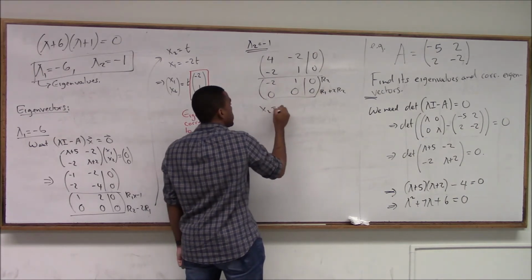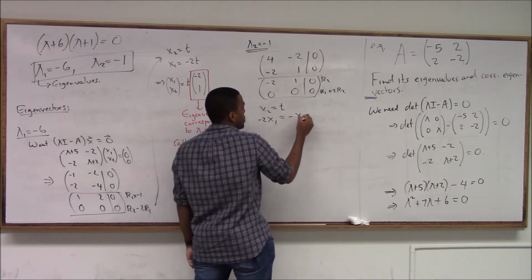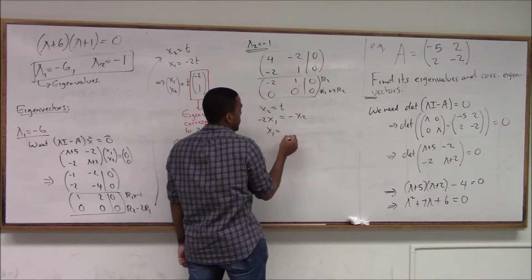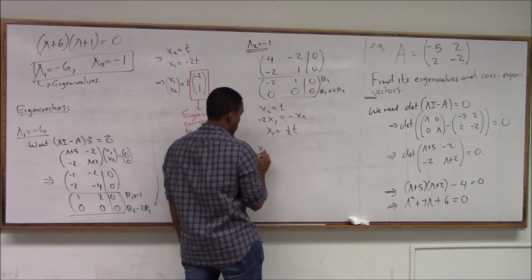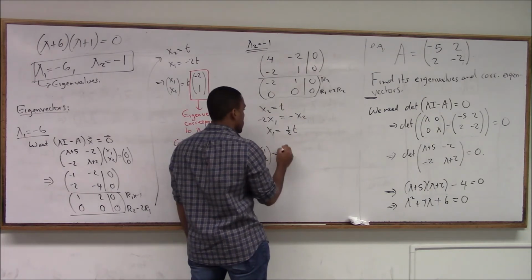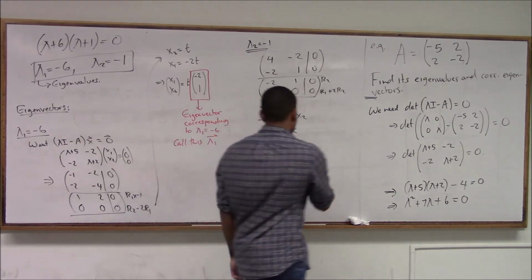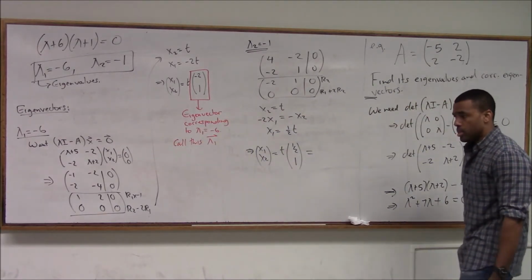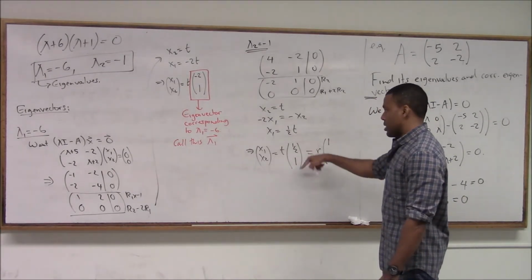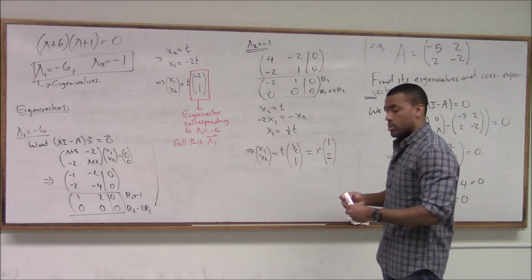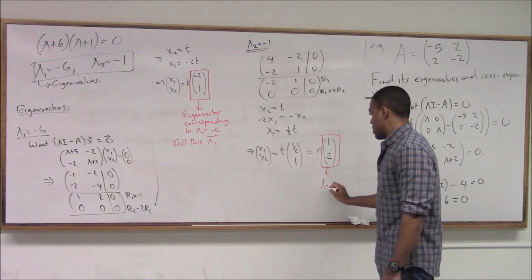So here again, my x2 equals t, and I know now that minus 2 x1 is equal to minus x2. So this means that x1 is equal to 1/2 t, which means my x1, x2 is going to be t times 1/2, 1. Any vector parallel to this can work, so I'm just going to scale this by some other scalar so that I can double these entries. There's my second vector, the lambda 2 vector.